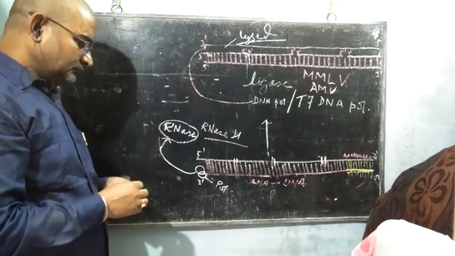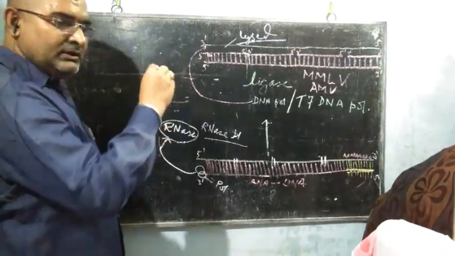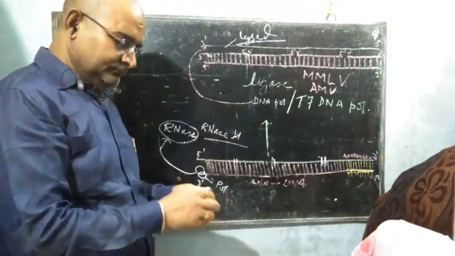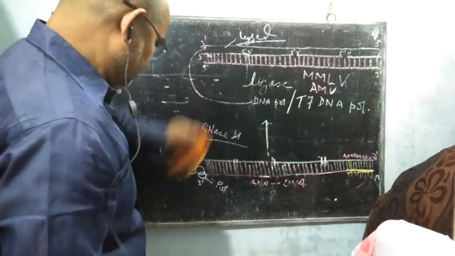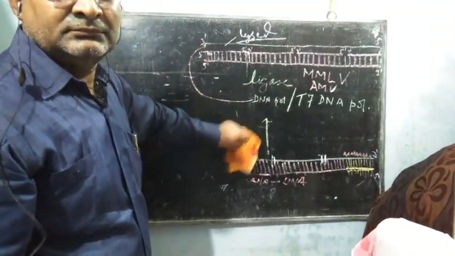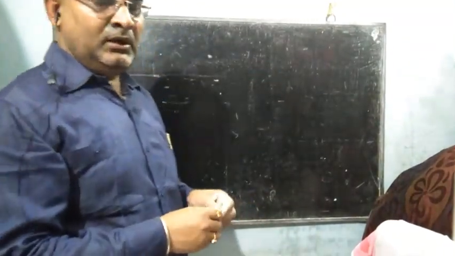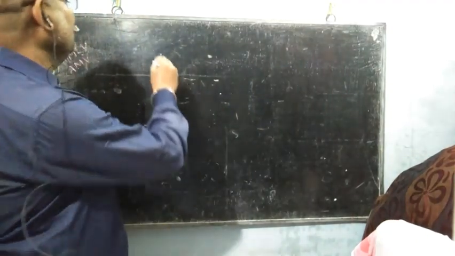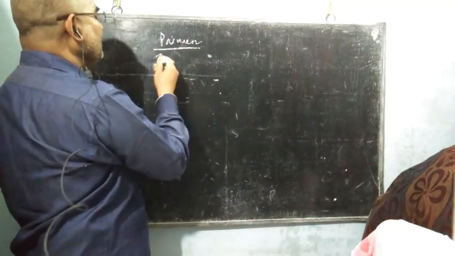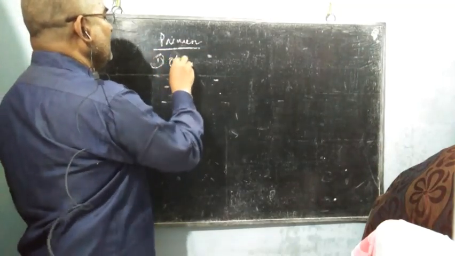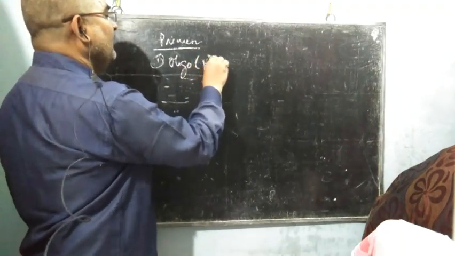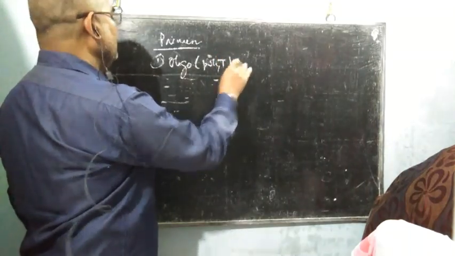Next, the second one is the primer. Here we observe the primer. In the primer, commonly there are three primers. One, oligo poly T primer.